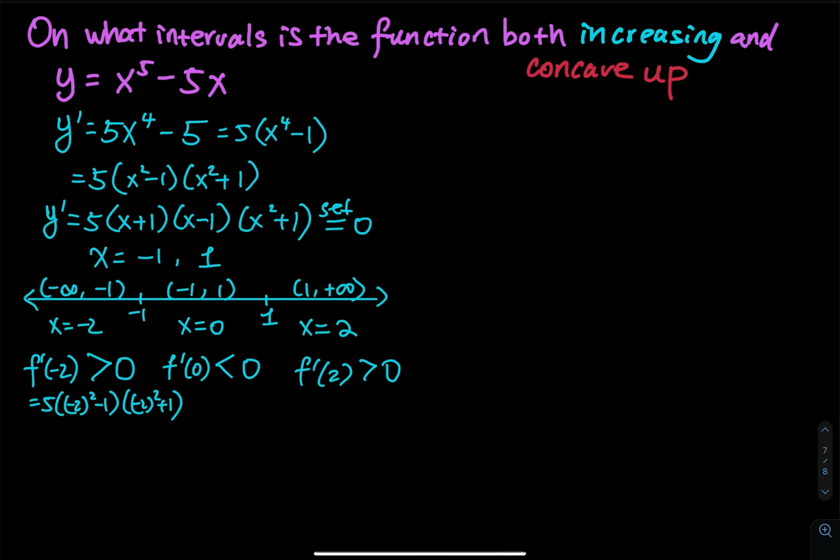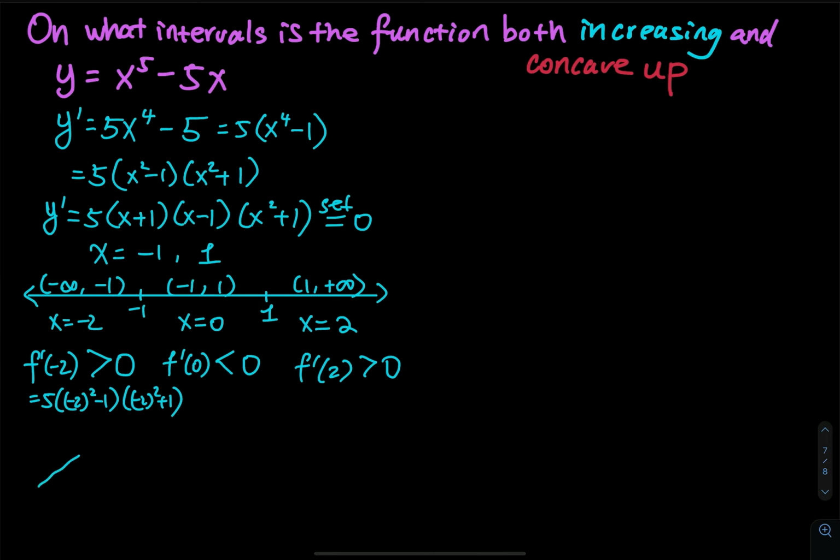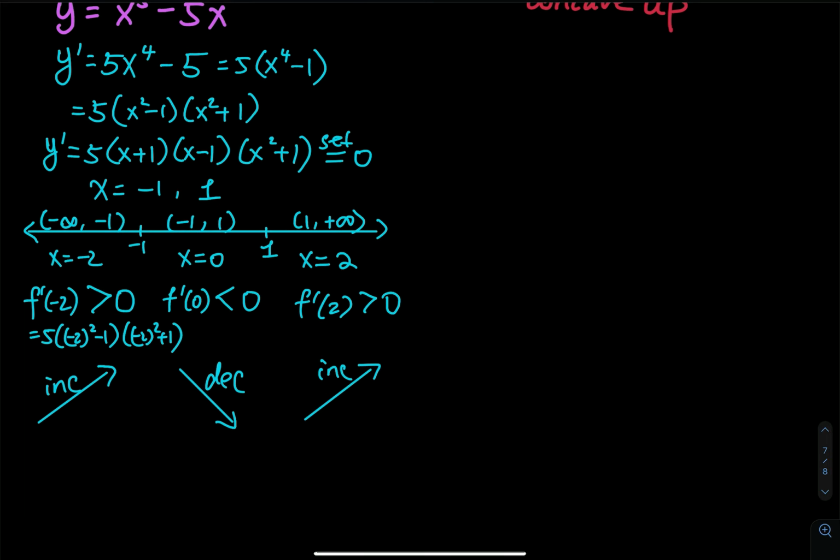So what does that mean? F prime is positive, that means the function is increasing in this interval. F prime is negative, that means the function is decreasing in this interval. Imagine a curve going up and then going down, and at this point you have a horizontal tangent, and at this point you have a horizontal tangent.